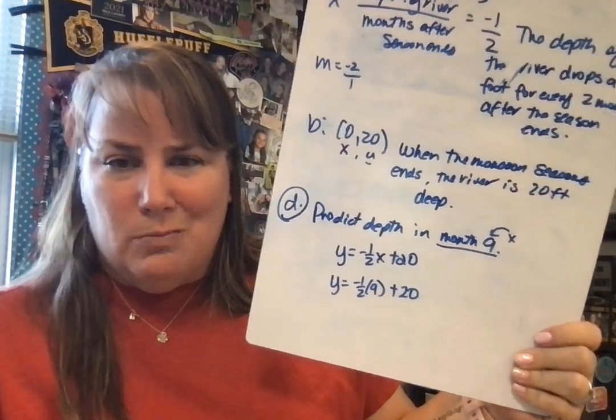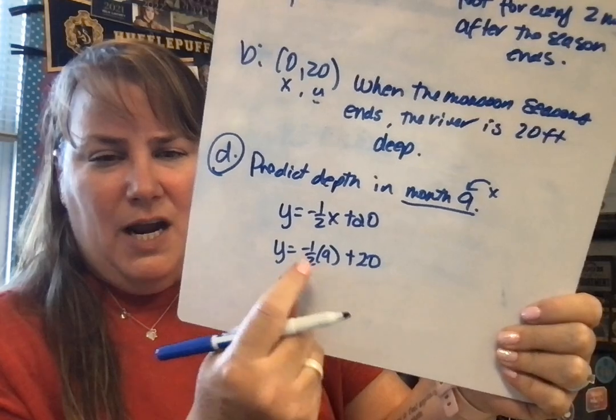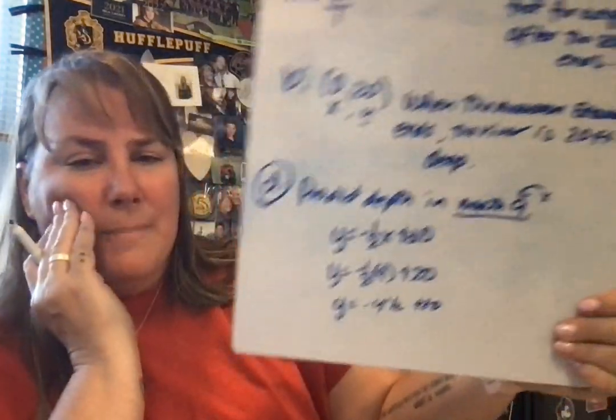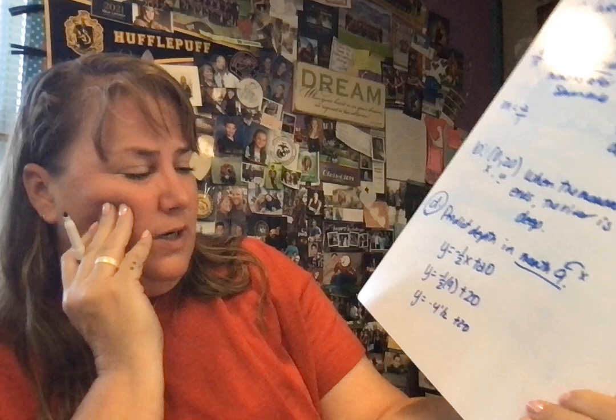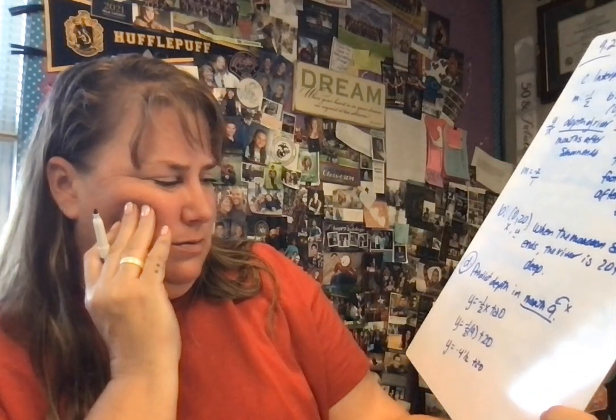Okay, and just do some math. What's half of 9 and then make it negative? Half of 9, -4 1/2 plus 20. Here's why we do it 2 ways. -4 1/2 plus 20. I do not like this.